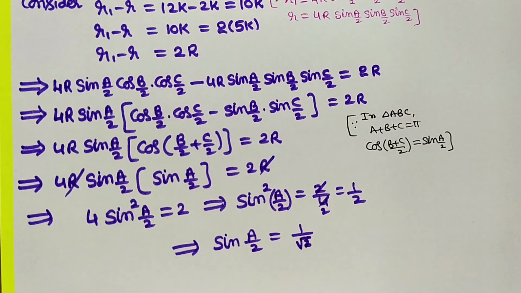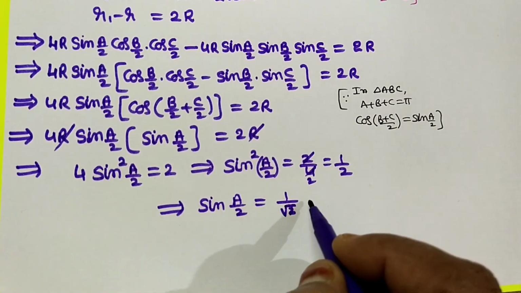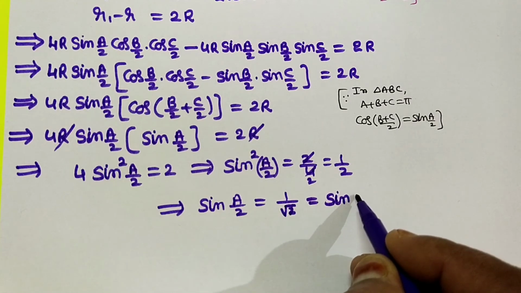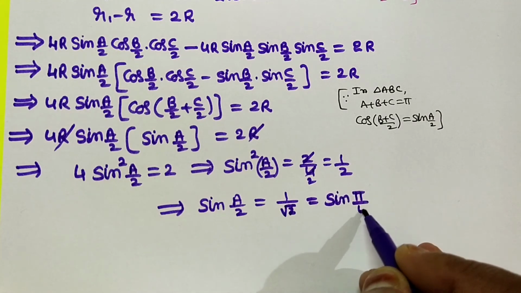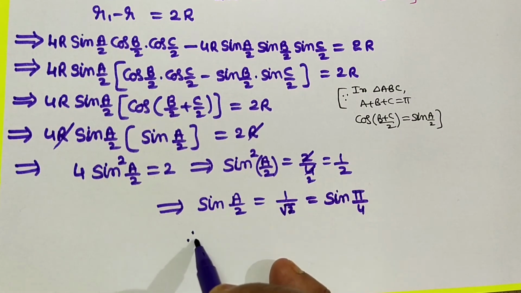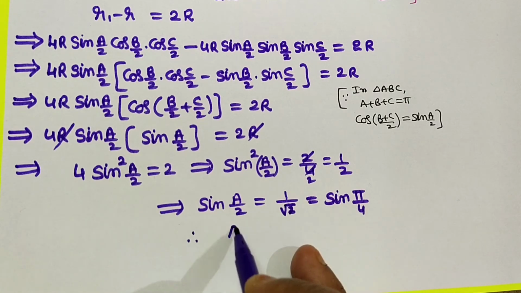So we can write it as 1 by root 2. 1 by root 2 in terms of sine we can write now: 1 by root 2 we can write as sin 45 degrees, otherwise pi by 4. So by comparing these angles, A by 2 equals pi by 4.